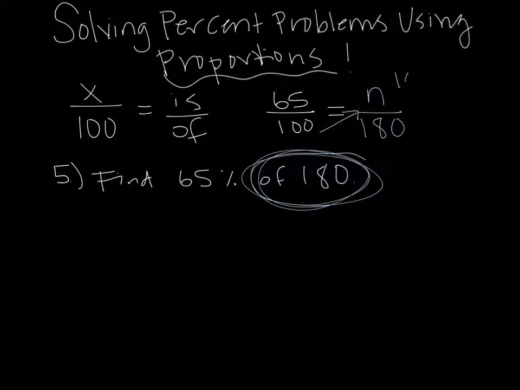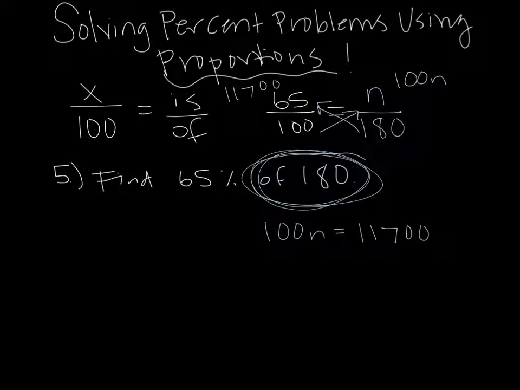100 times n is 100n. 180 times 65. Don't know that one. Got to do that on my calculator too. 11,700. Okay, so 100n equals 11,700.